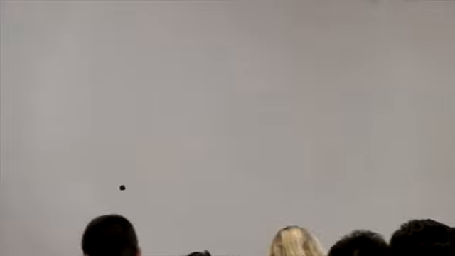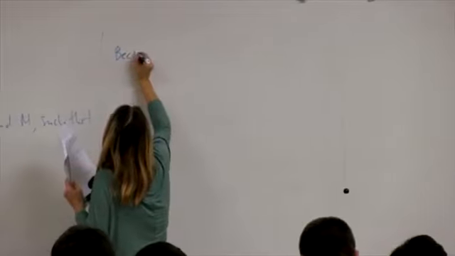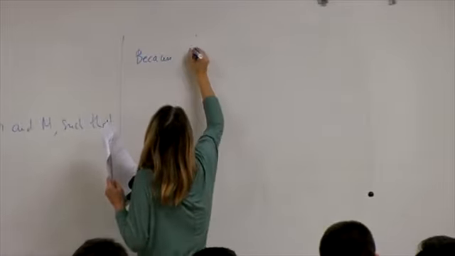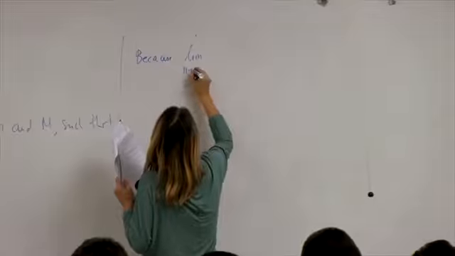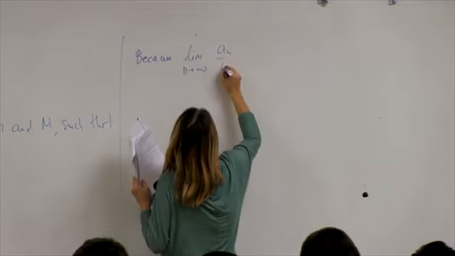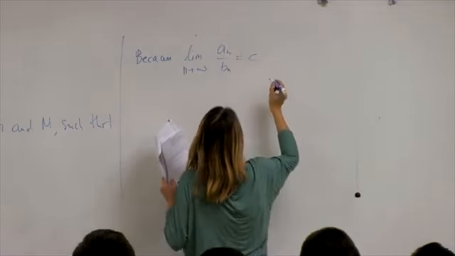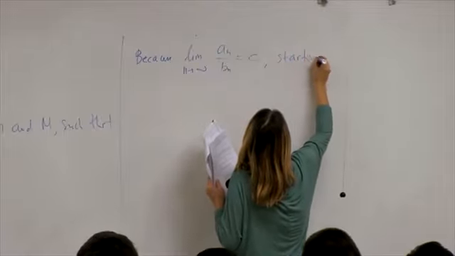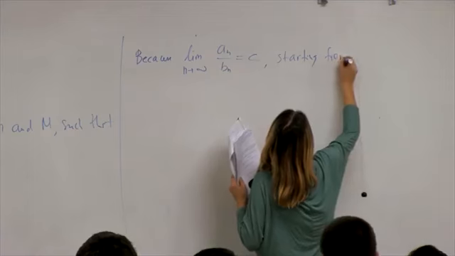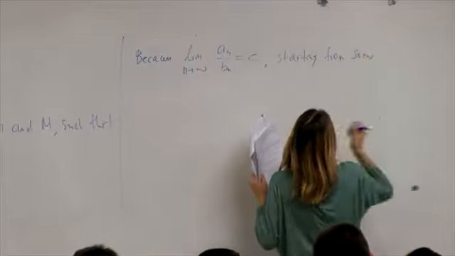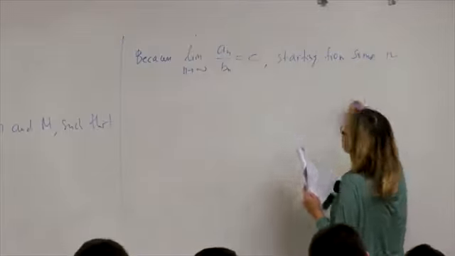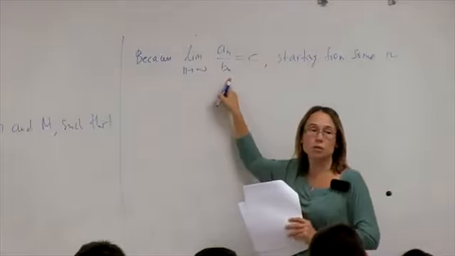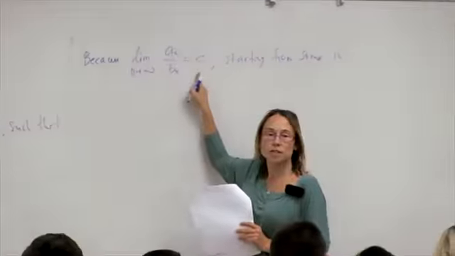Now we can say that because the limit of an over bn is equal to c, starting from some n, this sequence is going to be very, very close to c, right?